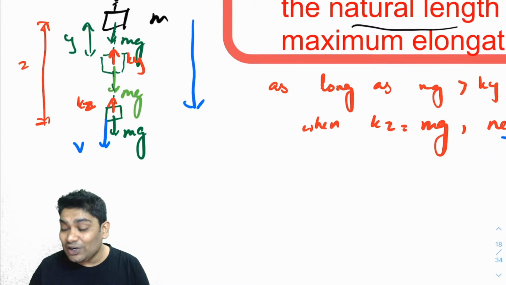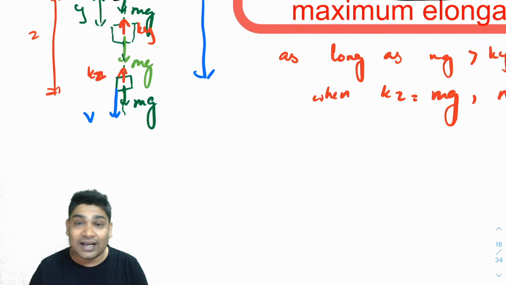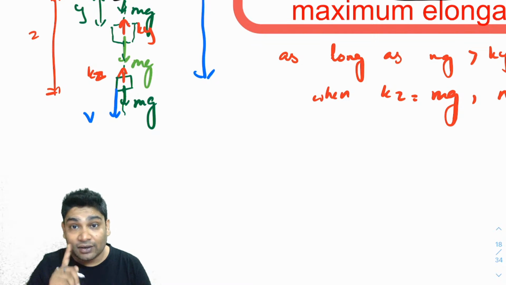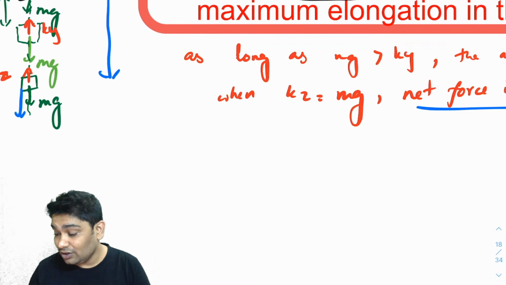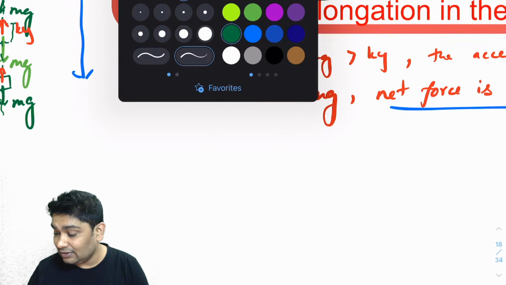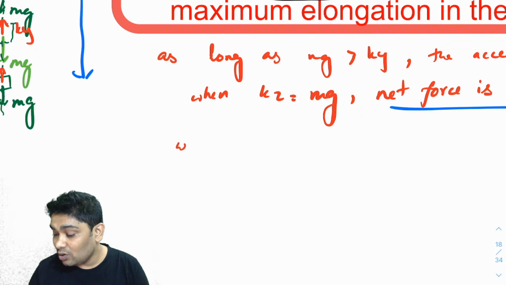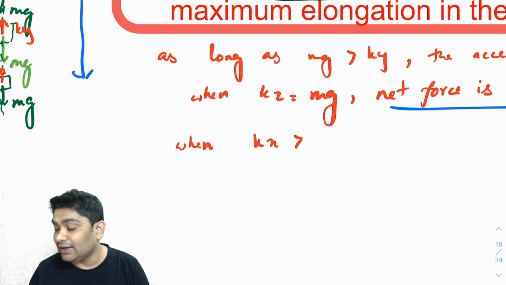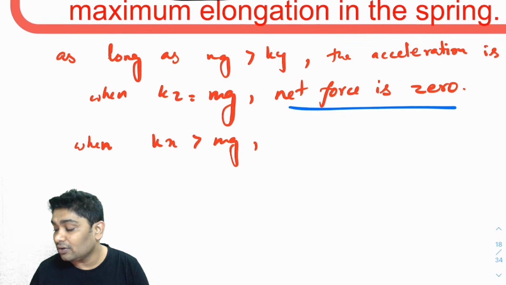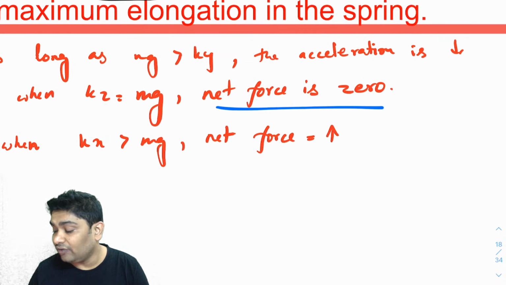Now as it moves down even further and further, you realize net force would become upward, which will cause it to retard. So next I can say that when kx is greater than mg, net force is upward.